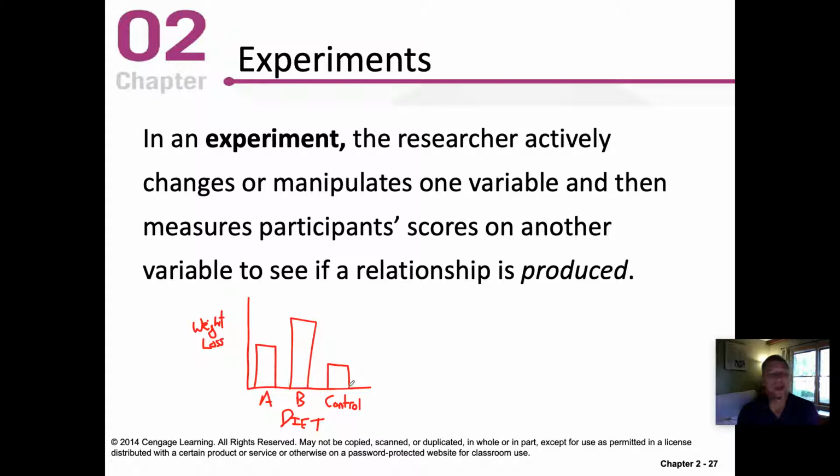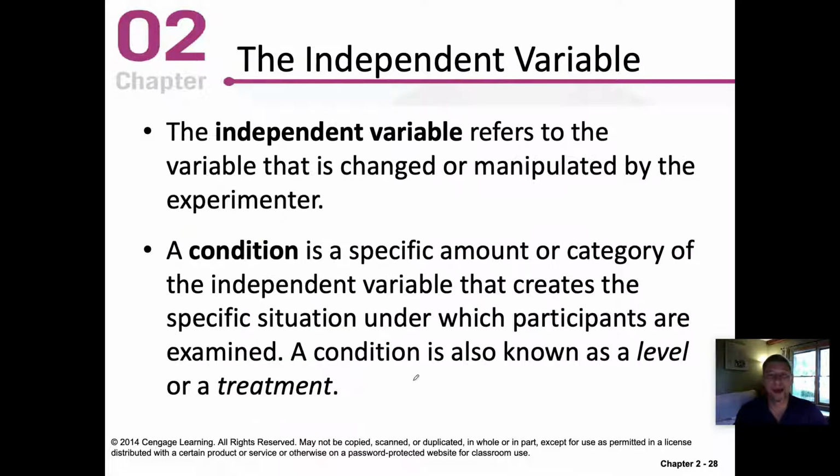That's an experiment, because the researcher is changing the variable, the diet in this case, in order to determine whether there's an effect on weight loss. What they're really doing is trying to determine whether a relationship is produced. Do we see a cause and effect relationship here?